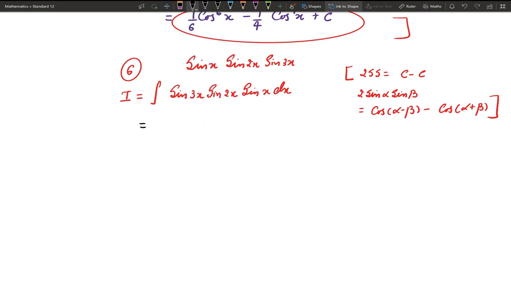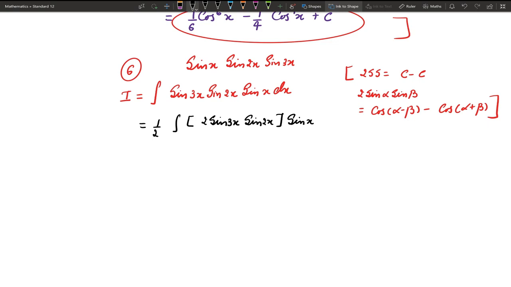So first, as usual, multiply by 2 and divide by 2. So this is 1/2 integration of 2 sin 3x sin 2x into sin x.